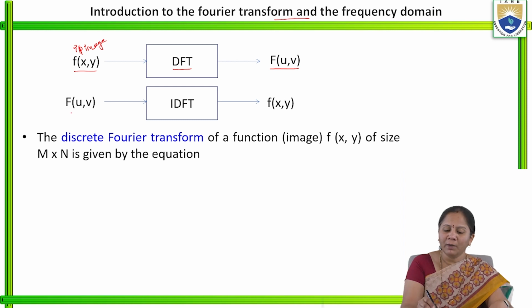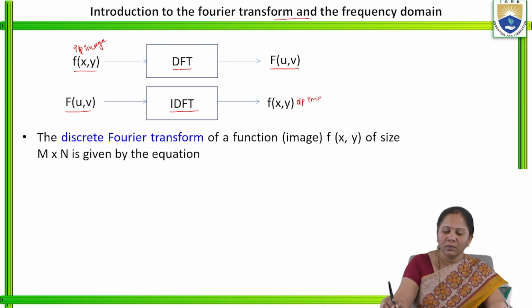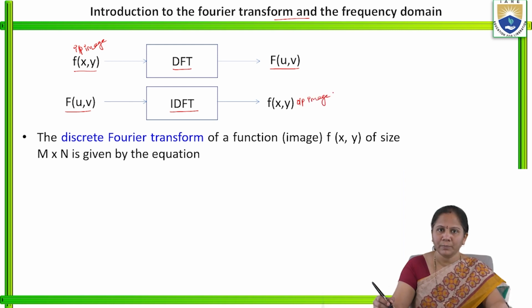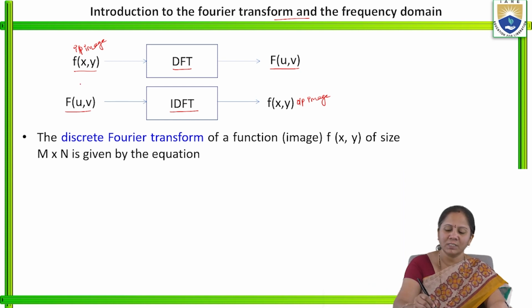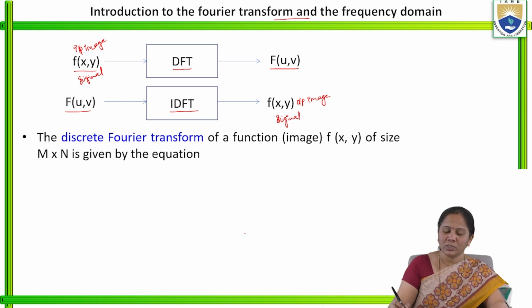If that f of u comma v, the output of the DFT, is given as input to the inverse discrete Fourier transform, again the output will be the enhanced image, represented as f of x comma y. So this is the original image, and after performing the IDFT we again get the original image. In between, it is going through processing.